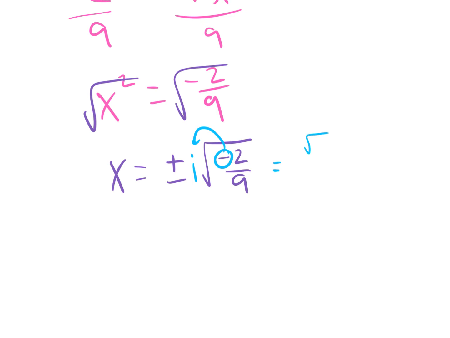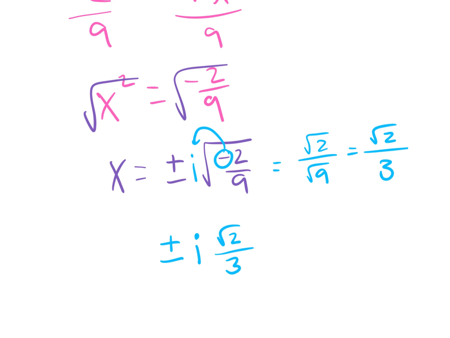So this is square root 2 over square root 9. Can I simplify one or both of these? So I can't simplify square root 2. I would just leave that. Square root 9 is 3. Perfect. So this would be plus or minus i square root 2 over 3.